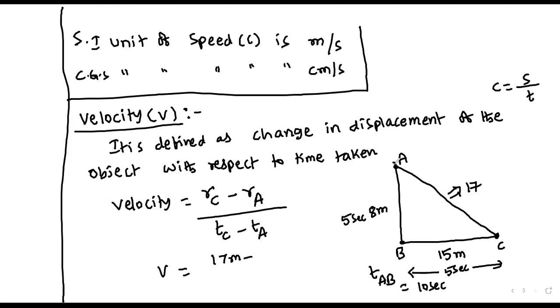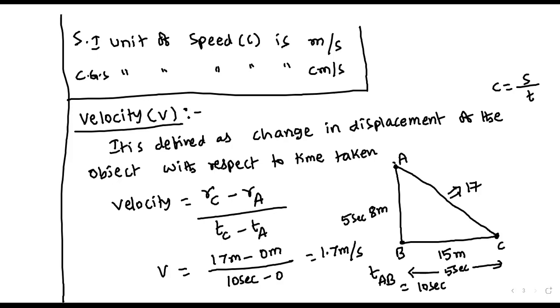At A, displacement is 0. Time taken is 10 seconds. So approximately velocity will be 1.7 meter per second.